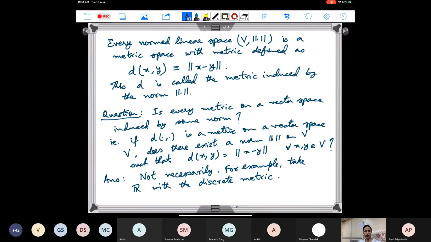More generally, if I take any scalar multiple lambda x, lambda y, then the distance between these will be mod lambda times distance between x and y. So if distance between x and y is positive, and we take lambda arbitrary, then we will get mod lambda times r, which is unbounded. So what we see is that suppose d is induced by a norm, then we must have some condition.